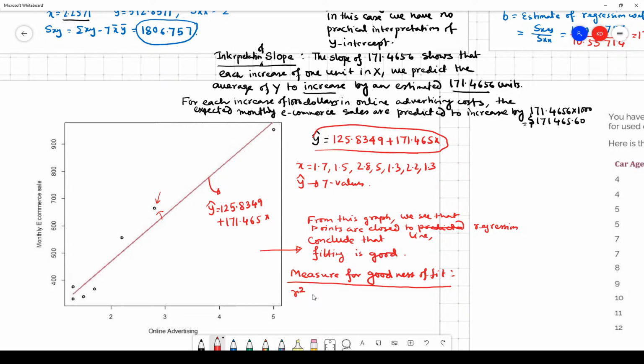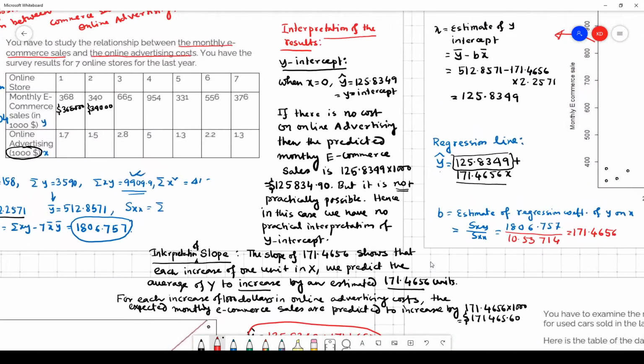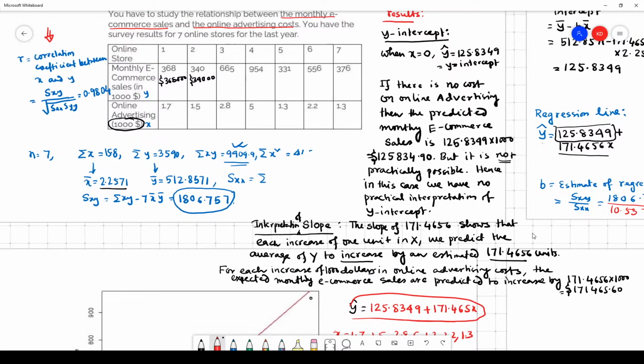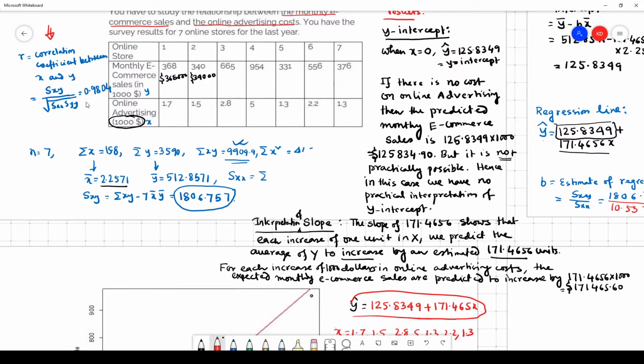This measure is nothing but r squared, which is called the coefficient of determination, where r is the correlation coefficient, and we got the value of the correlation coefficient, which is equal to 0.9804.